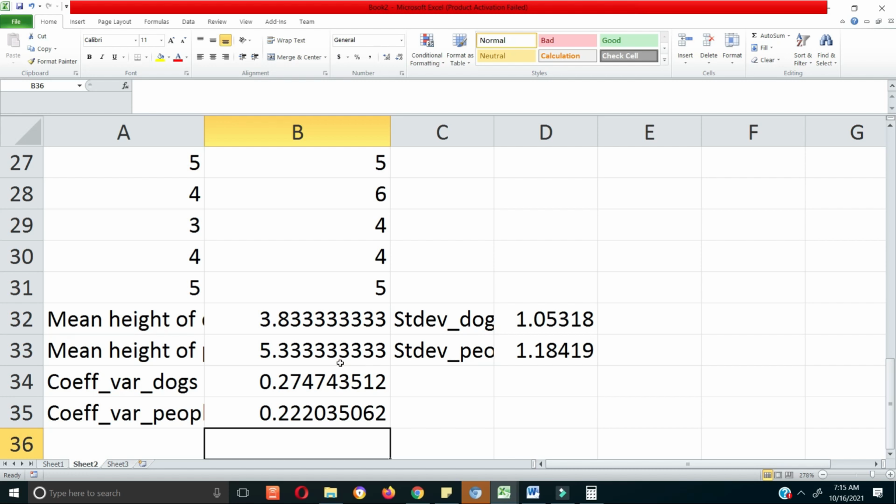So you find that these are not so far apart.